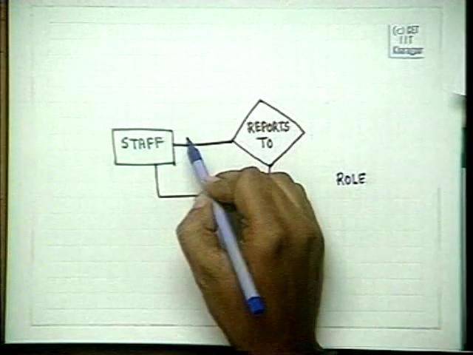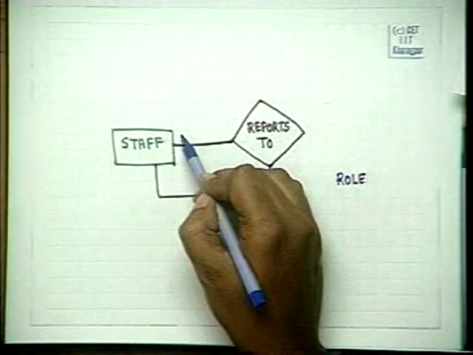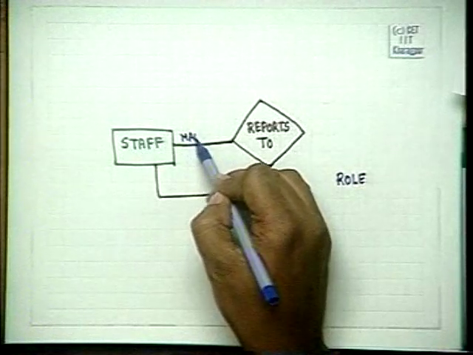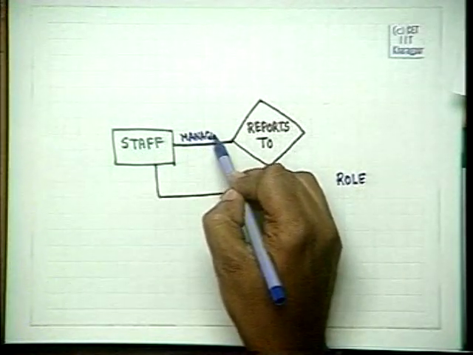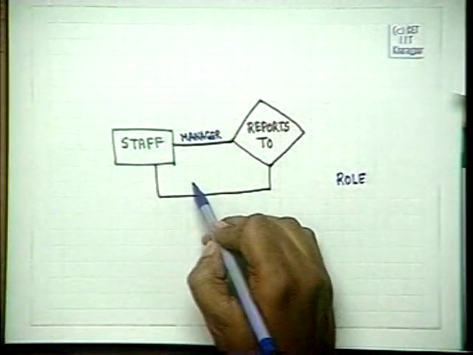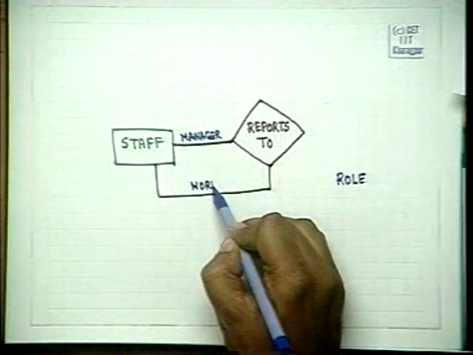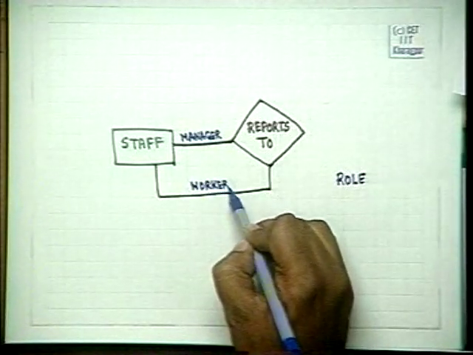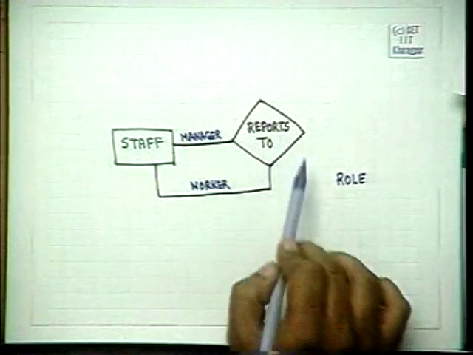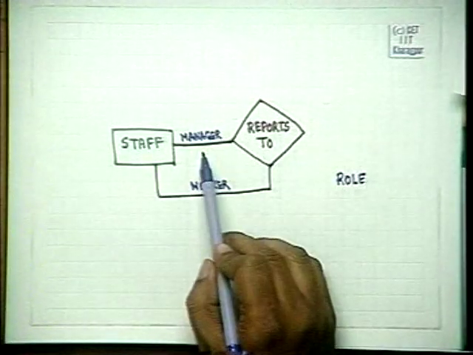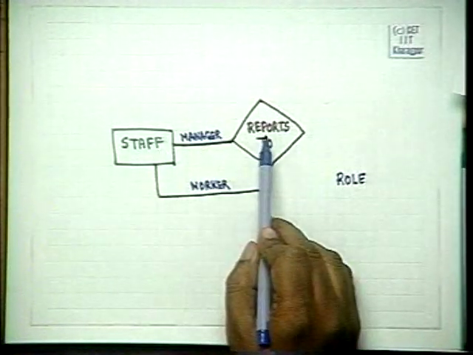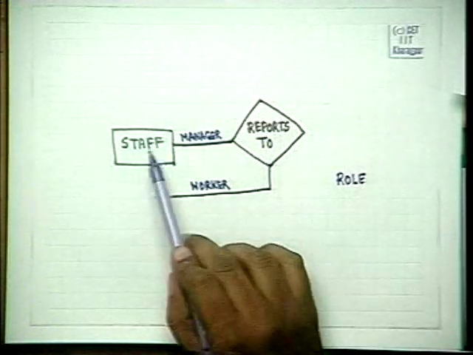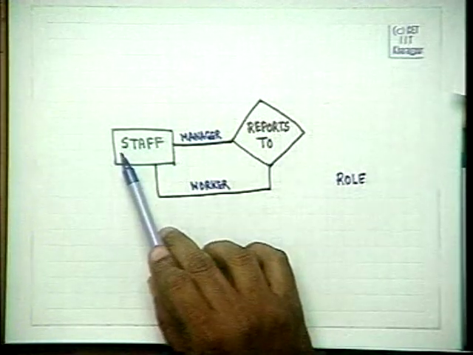We say manager and worker. That means this role identifies, see, this will have what attributes? This will have a duplication of the attributes of staff.